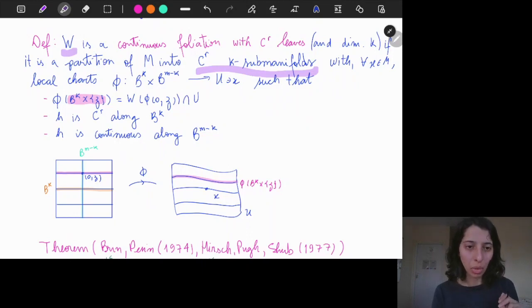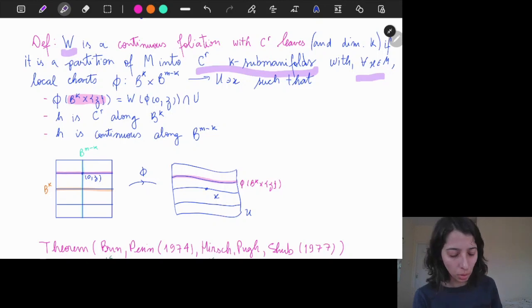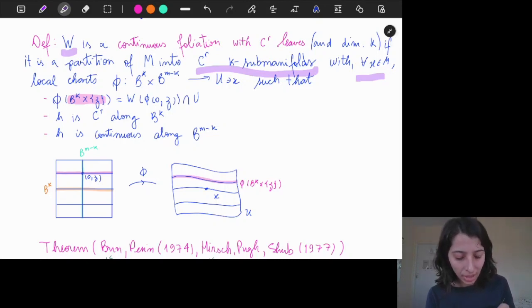This dimension will be the dimension of the foliation. And this partition has to obey the following conditions. For each x on the manifold, there is a local chart that is parameterized by the ball of dimension k times the ball of complementary dimension.